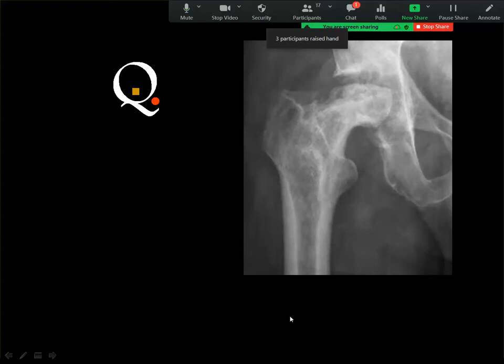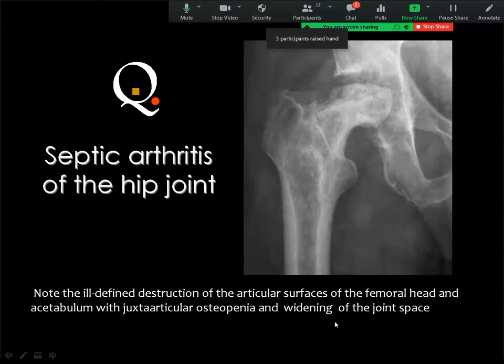Septic arthritis. Yes, and this is right. And of course, whenever you are dealing with any joint, you should look carefully where the disease is. Is it in the femoral head only, or does it also affect the acetabulum?